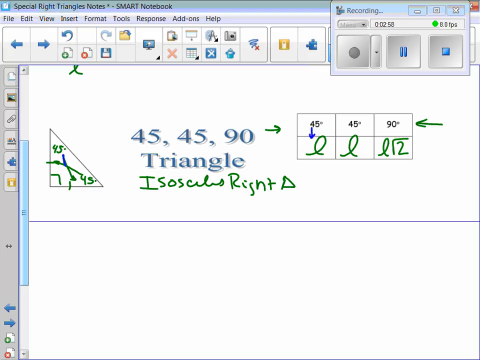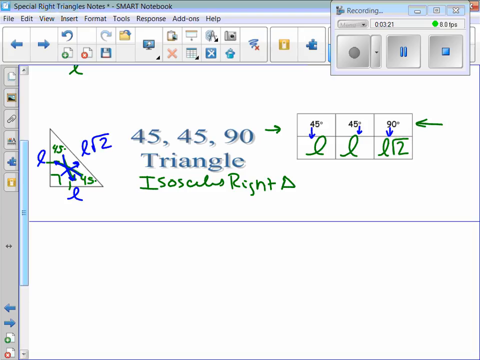So across from 45 is the side L. Well, we have another 45, so those have to be congruent because we know this is an isosceles right triangle. So across from our 45, again, is an L. So you should have two L's in a 45, 45, 90. And then we have 90, which is across from L times the square root of 2.